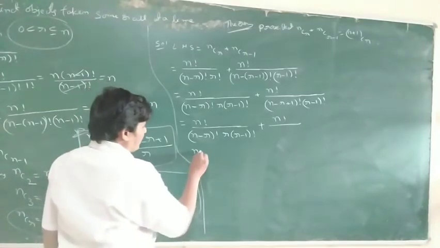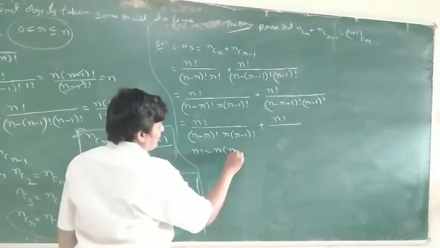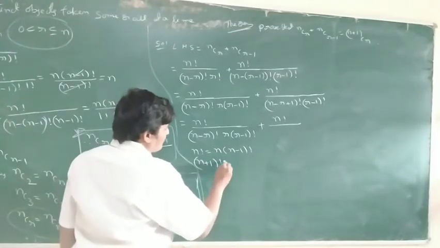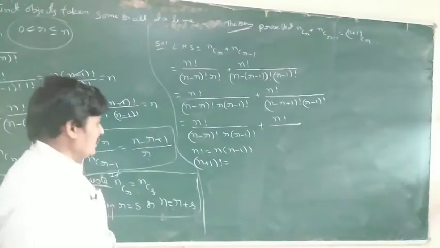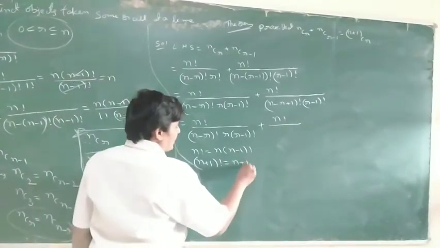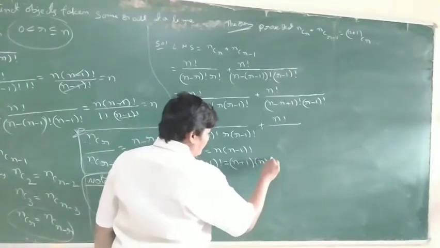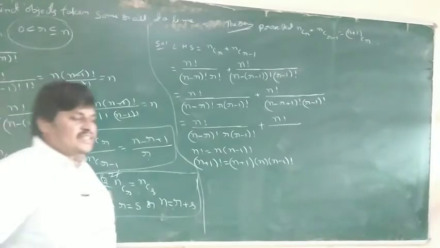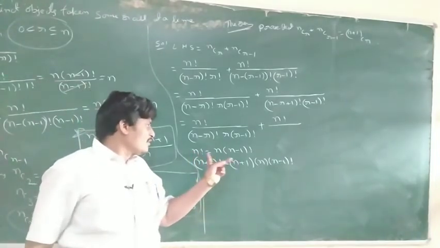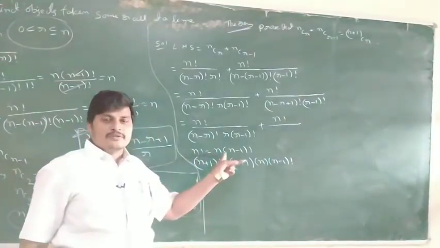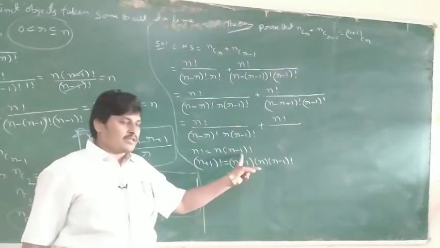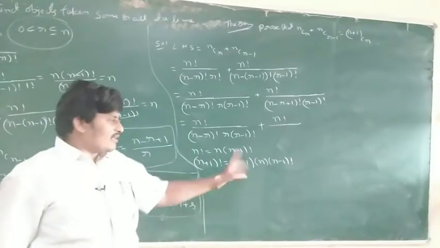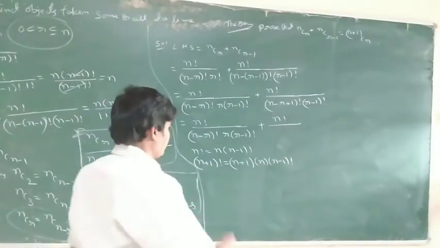so n factorial is equal to n into (n minus 1) factorial. So (n plus 1) factorial is equal to what? (n plus 1) factorial is equal to (n plus 1) into n factorial. Decreasing by 1, n factorial is equal to n into (n minus 1) factorial.